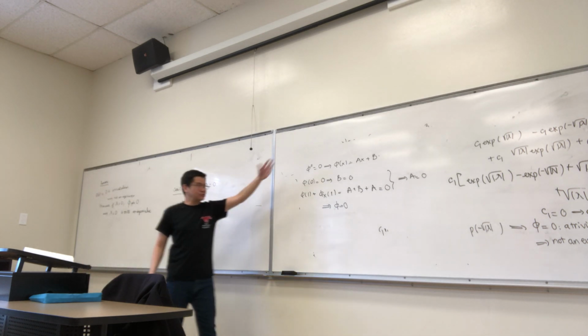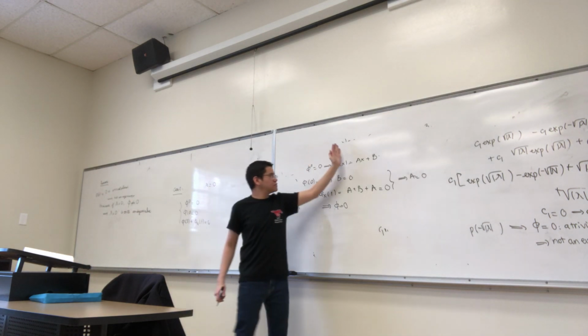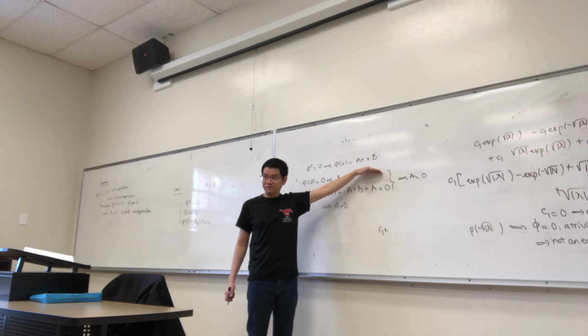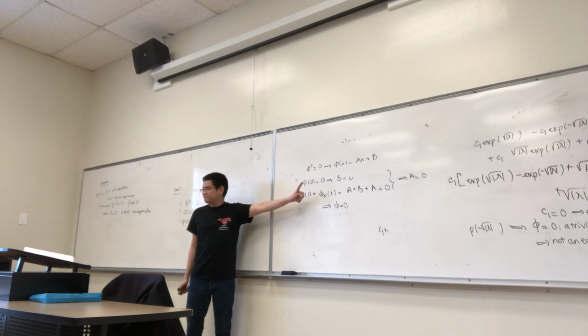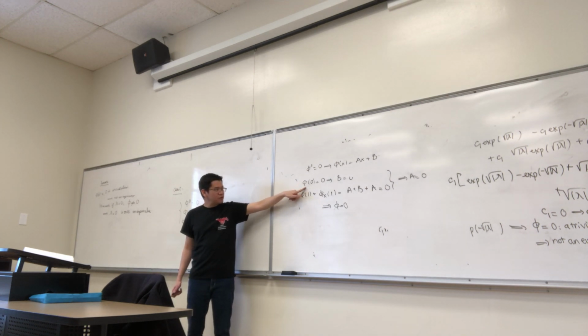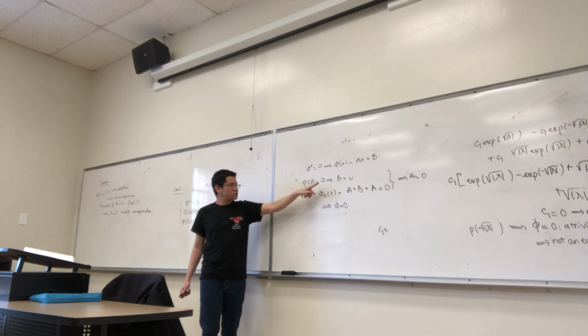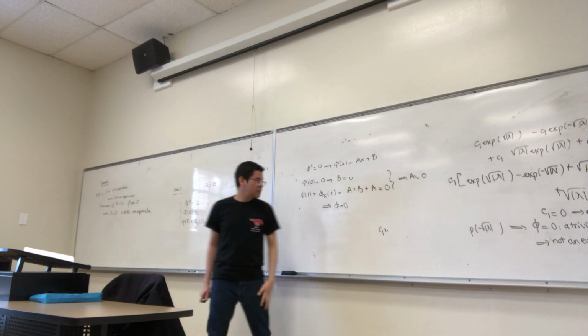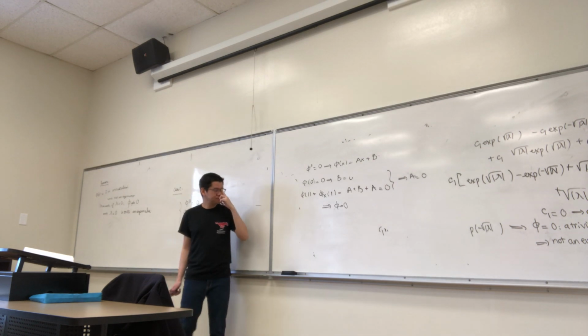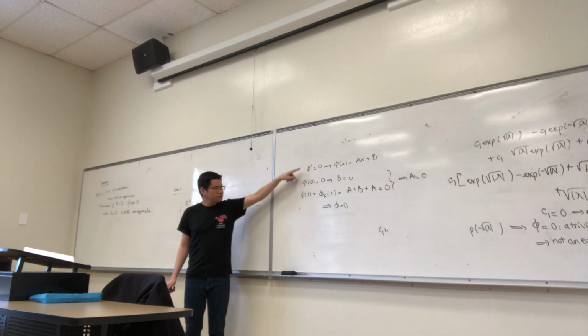So phi'' is 0. We solved this problem several times, and so phi has to be a linear function. So it is ax plus b. Right? So you have a Dirichlet boundary condition at 0. So you replace 0 here, you have b is 0. All right? So you replace 1.